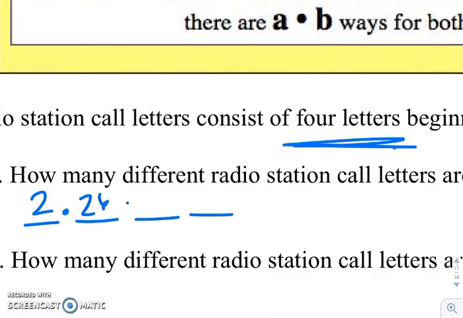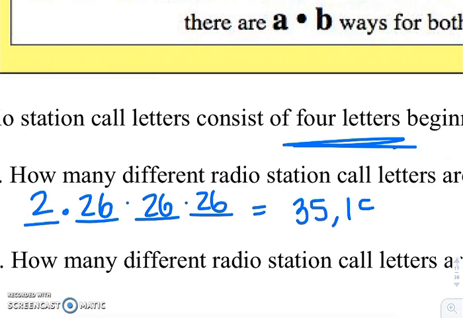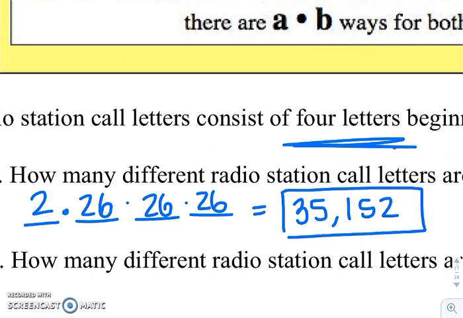So 26 letters in the alphabet, that's how many we have to choose from. So we just multiply them all together. 2 times 26 times 26 times 26 gives us 35,152 possible ways to create a radio station with 4 call letters if the first one is a K or a W.